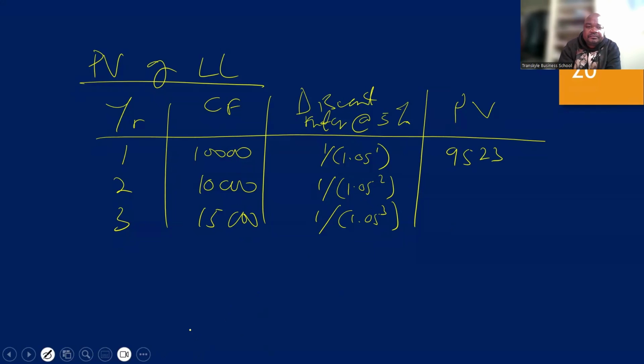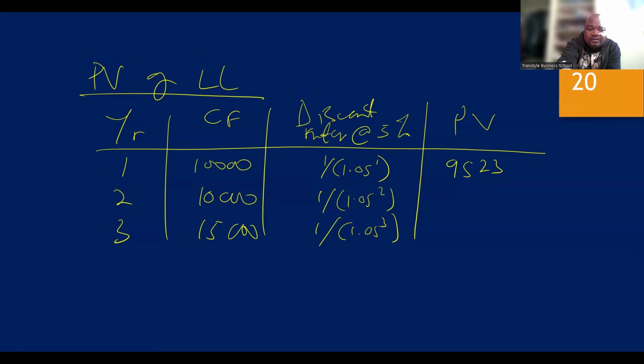This comes to 9,523. Then 10,000 over 1.05 to the power 2. That's 9,070.